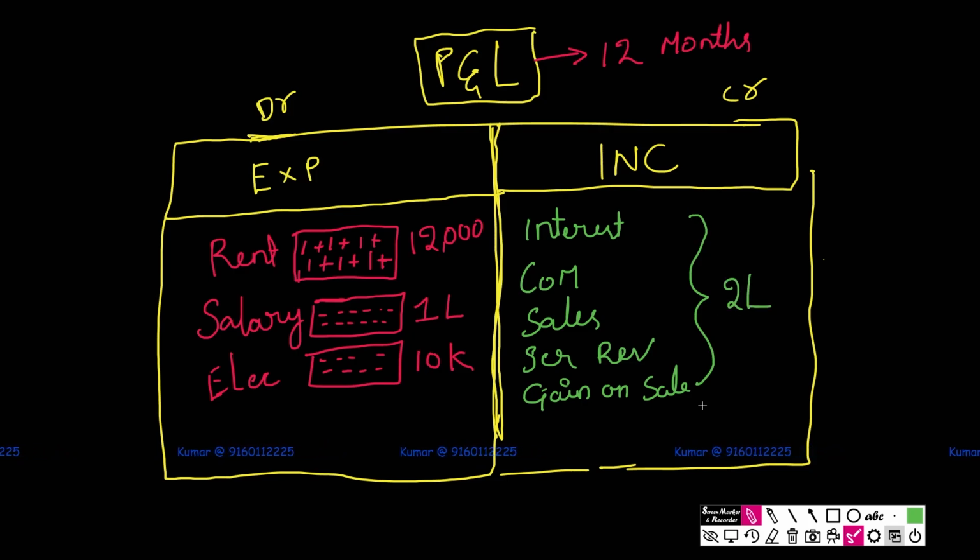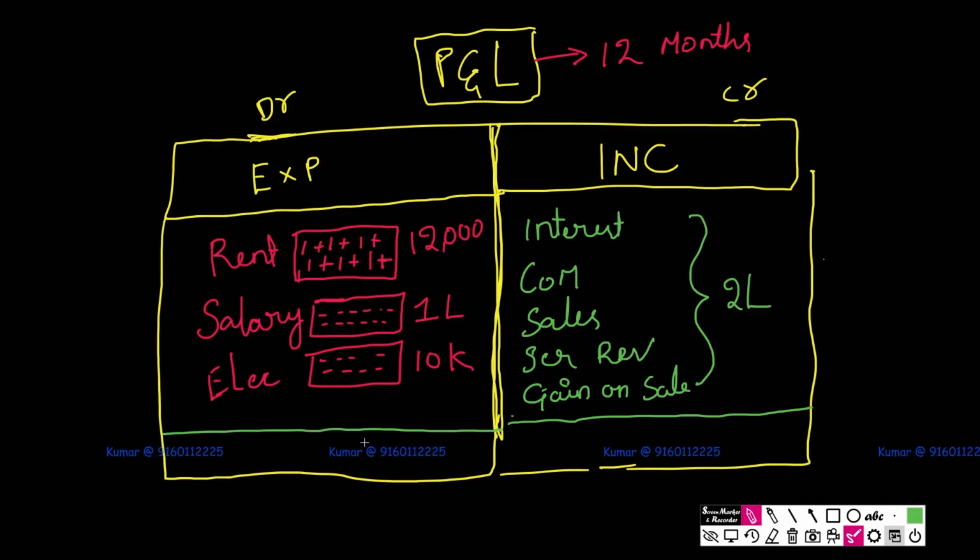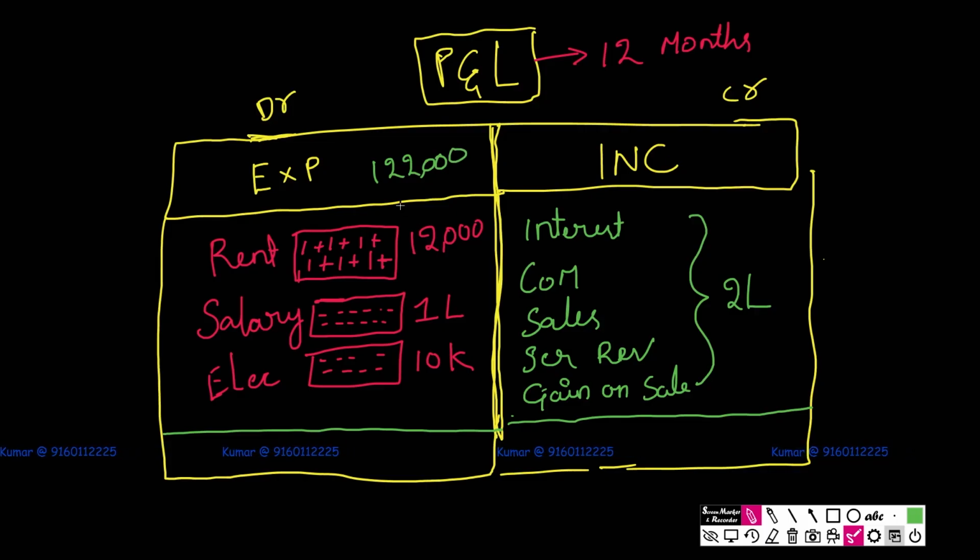So now you see the total, both the sides should be equal. How much is the total here? 1 lakh 22,000 is the total expenses, and total incomes became 2 lakhs.